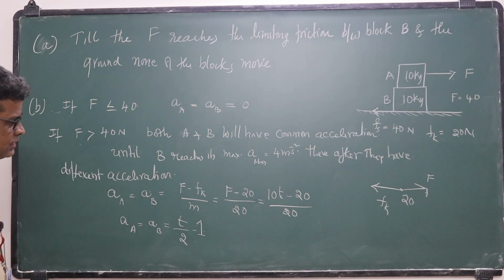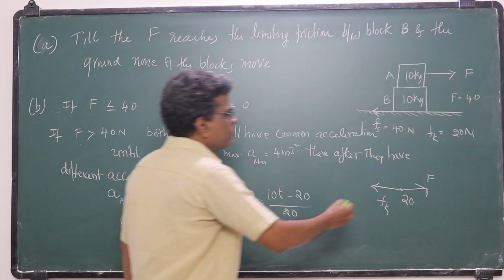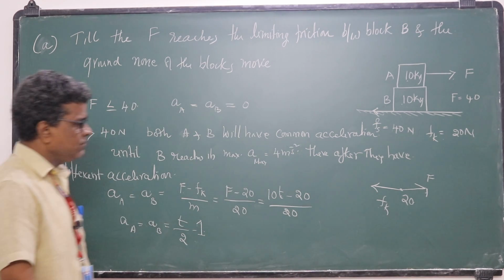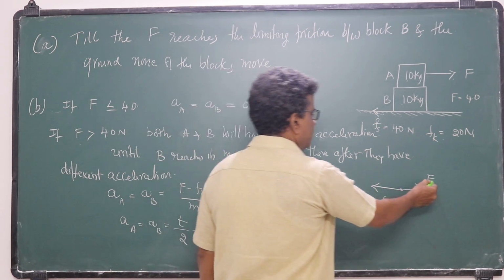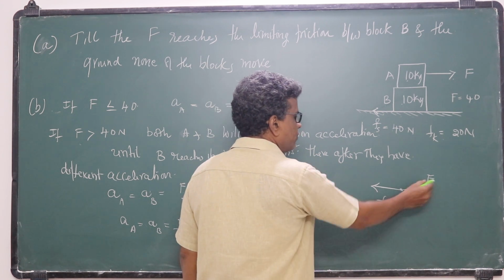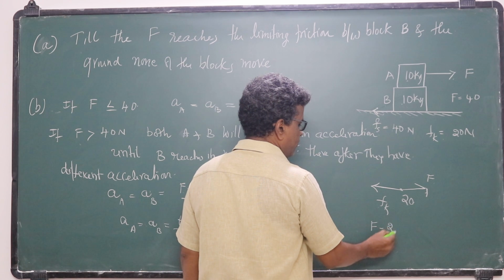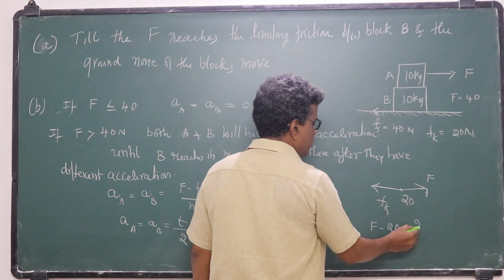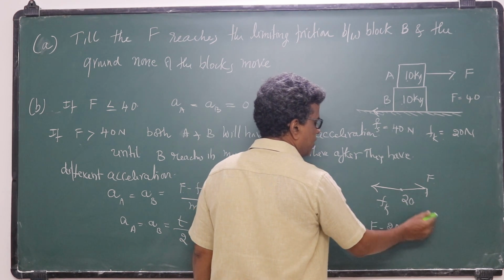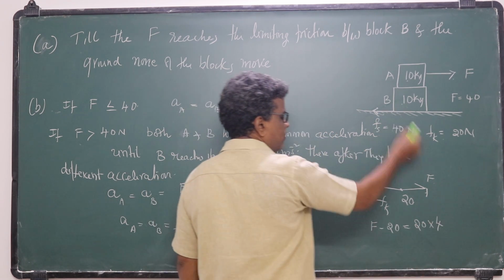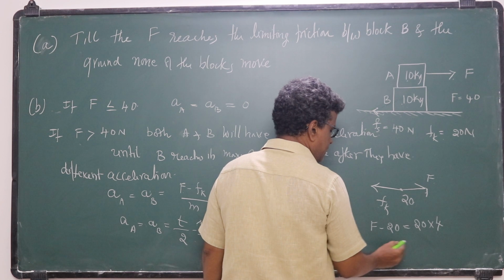So when it reaches the maximum acceleration value of 4, using F minus Fk equals ma, with Fk as 20, mass 20, and a as 4, since the maximum acceleration of B is 4, that gives 80.